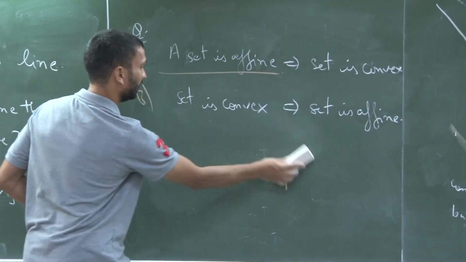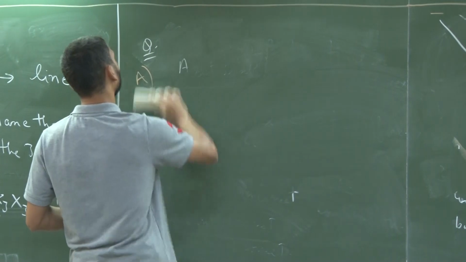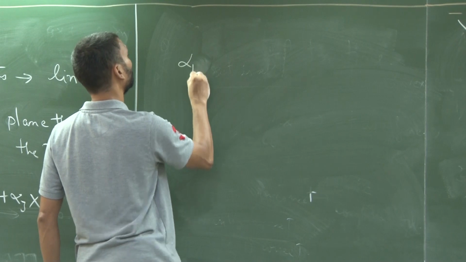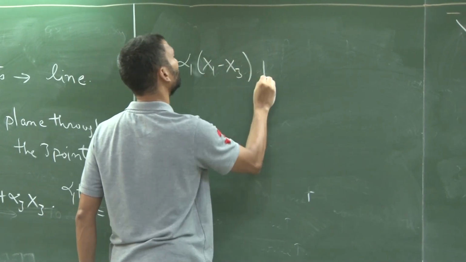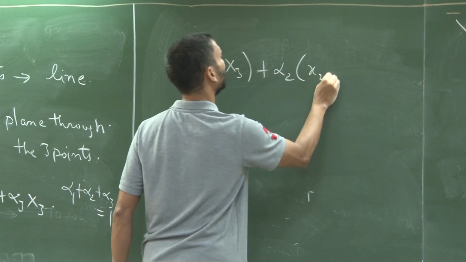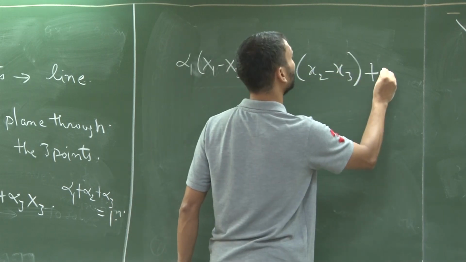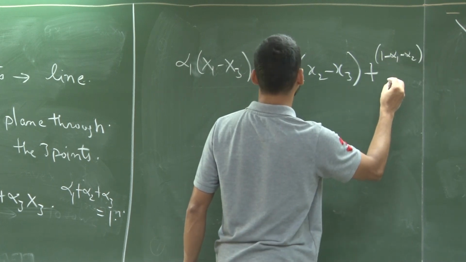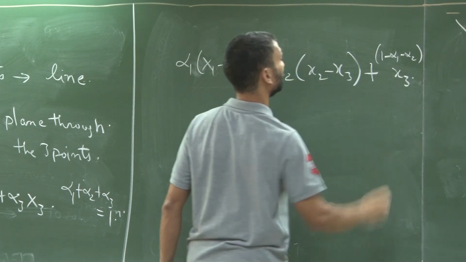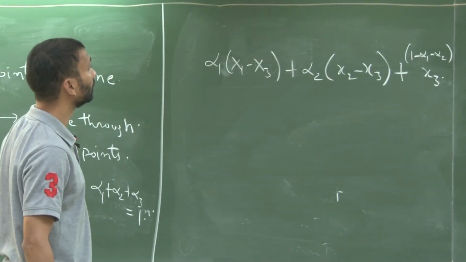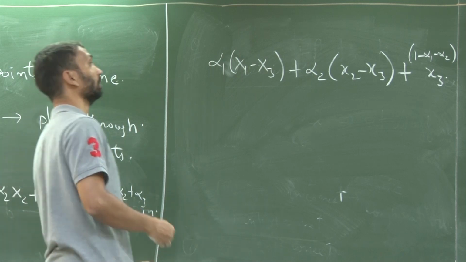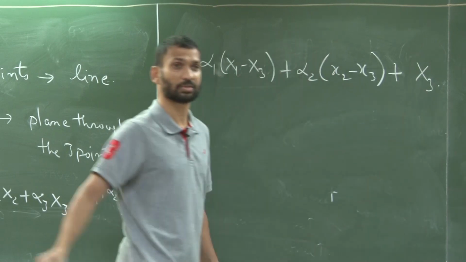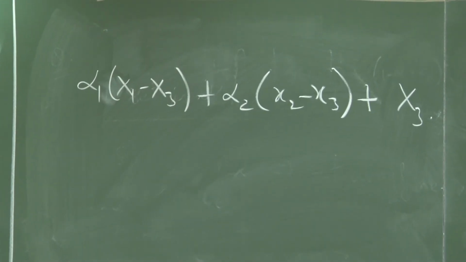And it has actually a very nice representation where I can say this is alpha 1 times (x1 minus x3) plus alpha 2 times (x2 minus x3) plus x3.